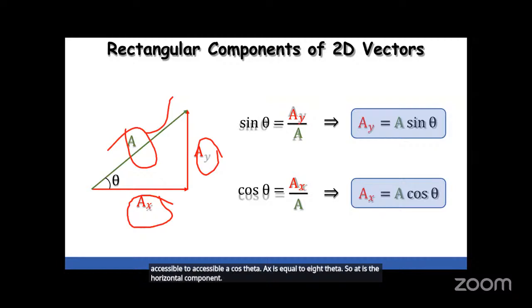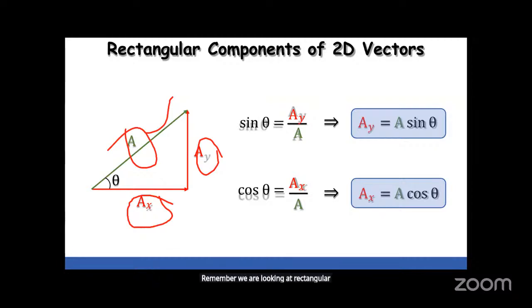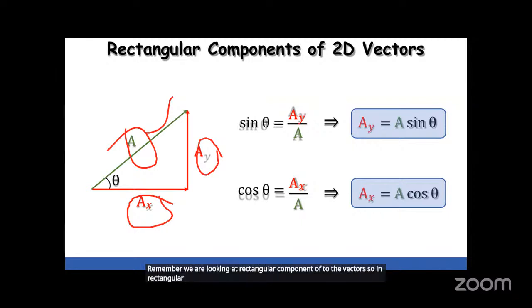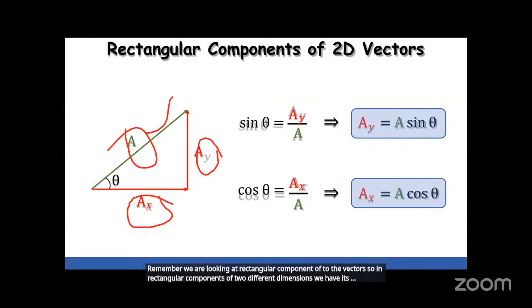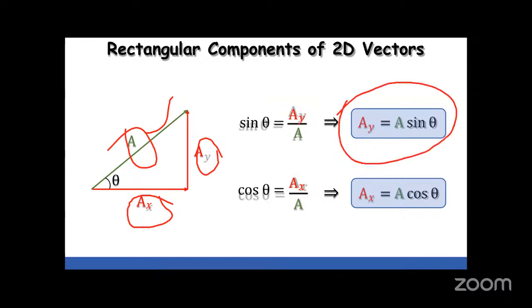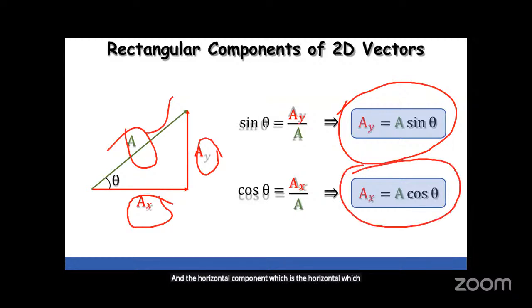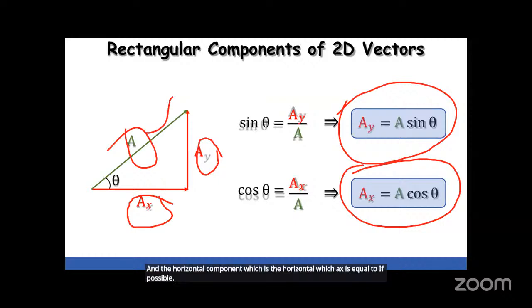Remember, we are looking at rectangular components of 2D vectors. So in rectangular components of 2D vector, that is 2 dimensions, we have X component and Y component. That is the vertical component and the horizontal component. The vertical component, which is this, and the horizontal component, which is AX is equal to A cos theta.